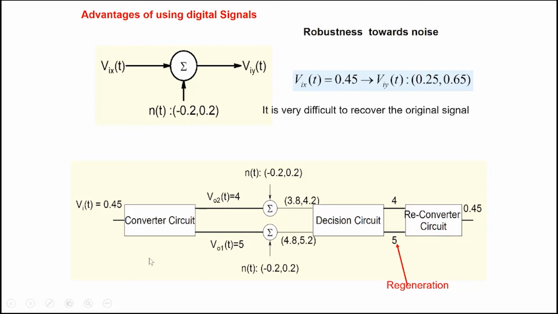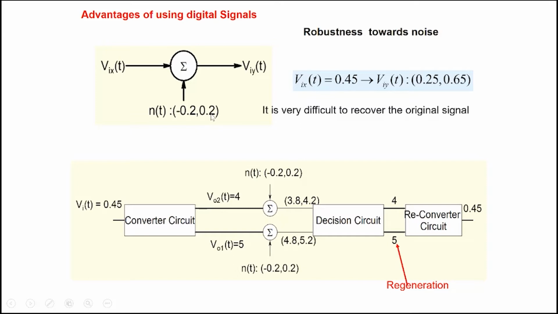So this is just a simple example to illustrate that when noise gets added to an analog signal, it becomes difficult to determine. If you're wondering, we have taken 0.45 while here it is 4 volt. Suppose we had taken 4 volt here, and we add noise to it, so it becomes 4.2 or 3.8.